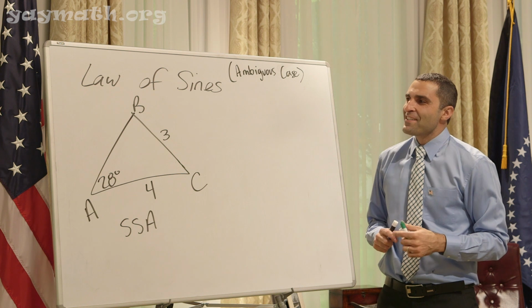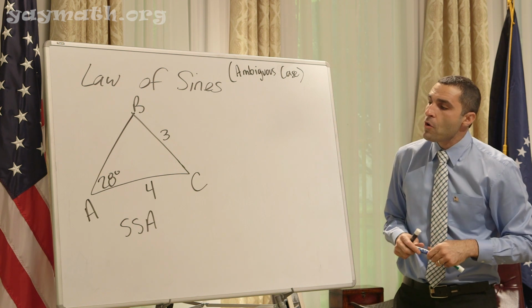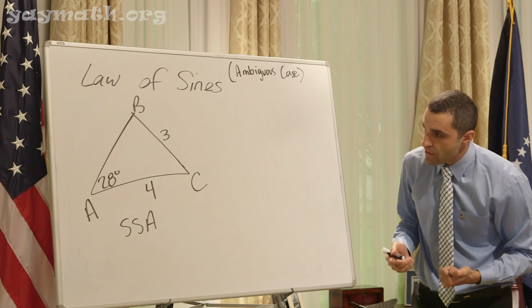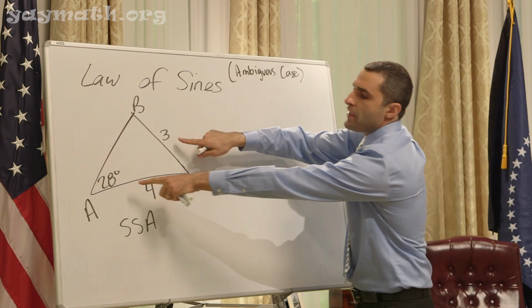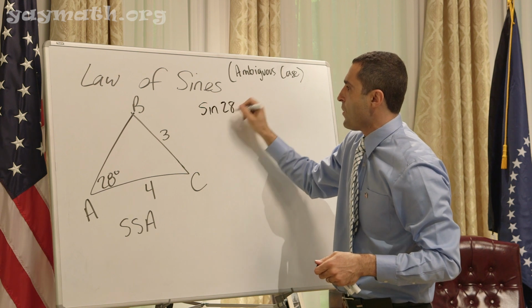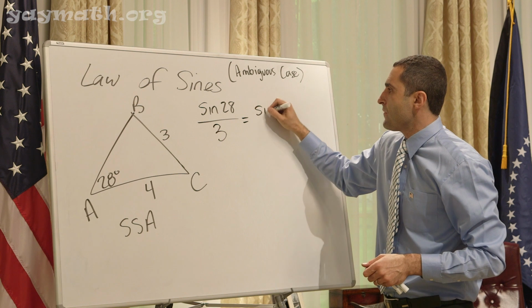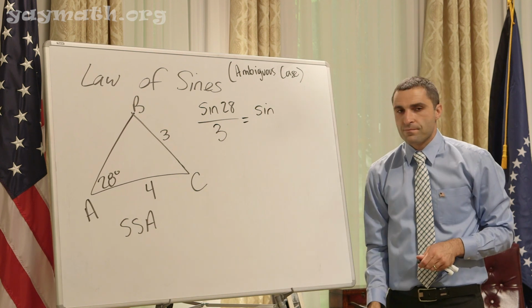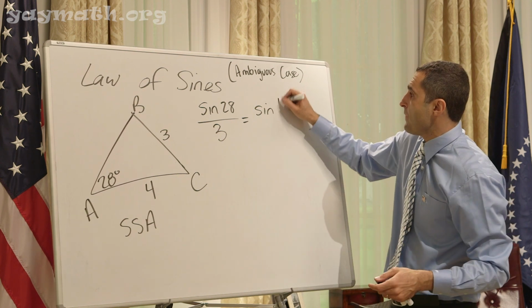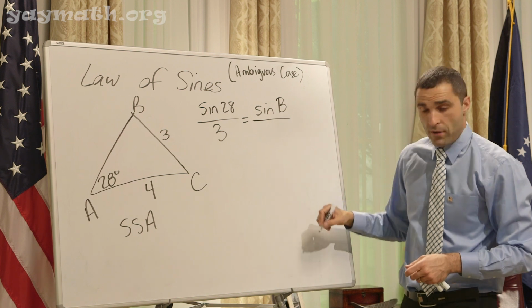So let's actually set up Law of Sines to solve this problem. What would you like to solve? First of all, we have a ratio already here, right? Can I say sine of 28 over what? Over 3 equals sine of B over 4. Very nice.